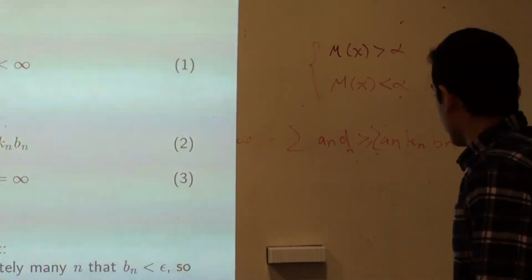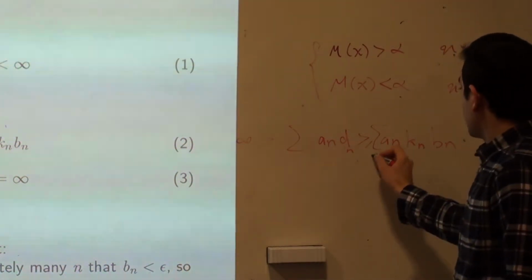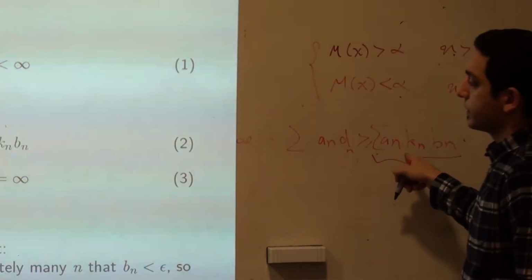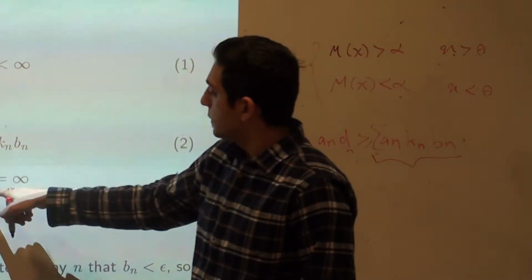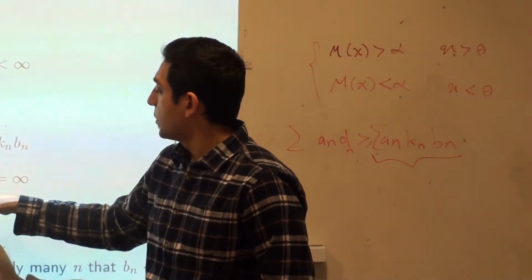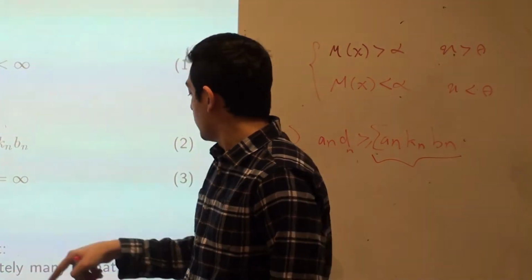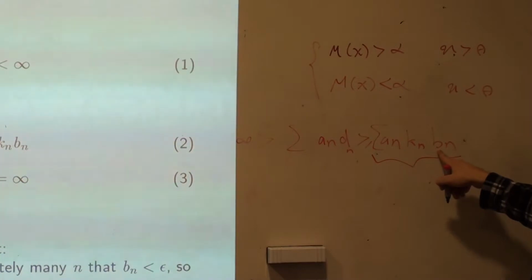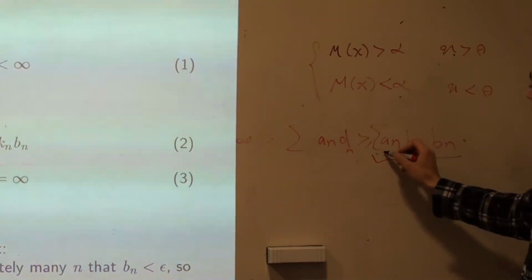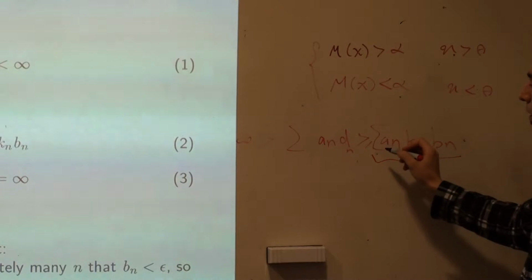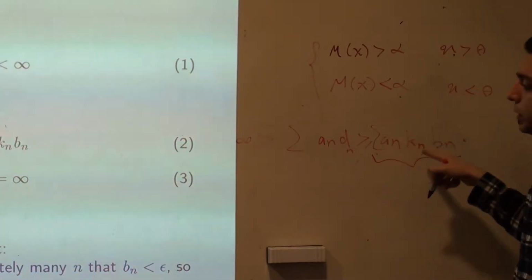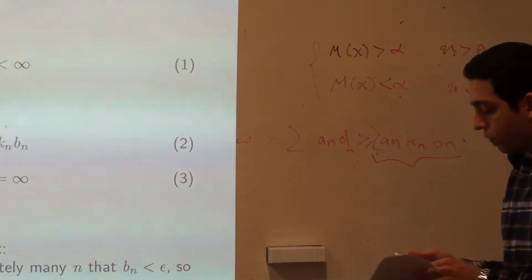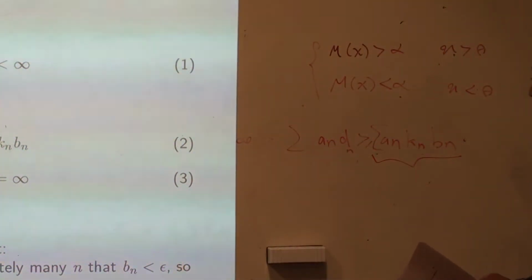So this is a constant value. But meanwhile, we took this sequence Kn such that the sum of An Kn is infinity. It means that Bn should, at many points, be very small, canceling the large values of An Kn so that this whole sum would be bounded. This is the reason that for many points of n, the Bn should be very small.